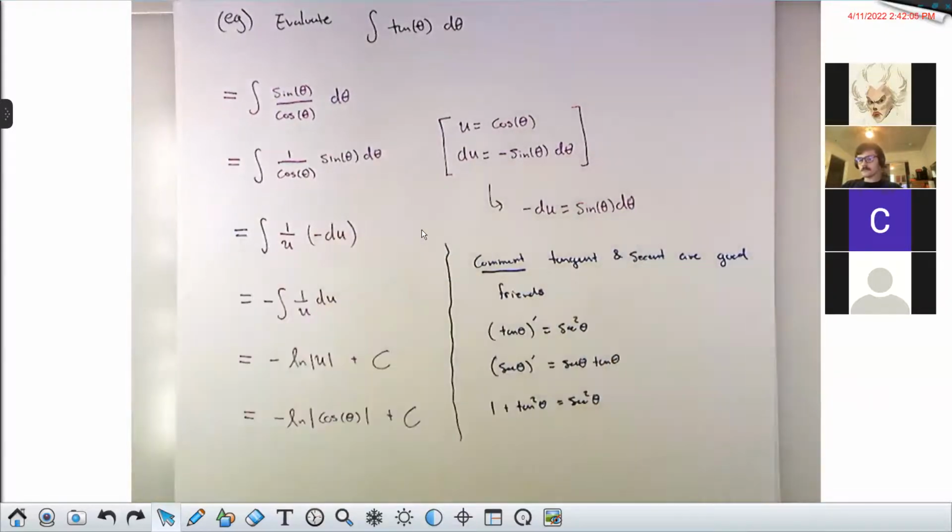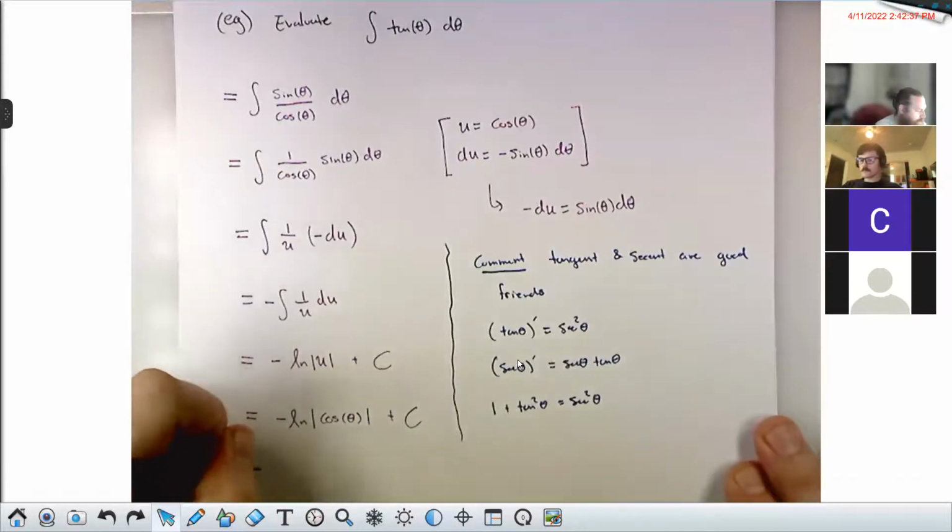I could go on, but tangent and secant are friends. So where you encounter a tangent, there's going to be a secant somewhere nearby. Wouldn't it be nice if I could keep that connection between secant and tangent going when talking about the antiderivative of tangent? Well, I can.